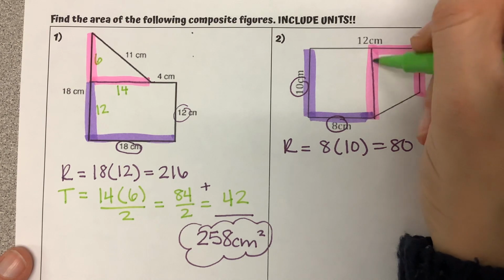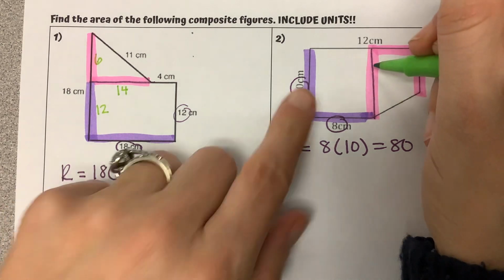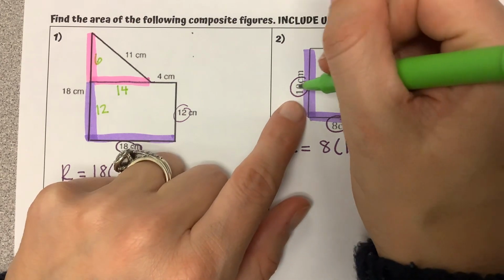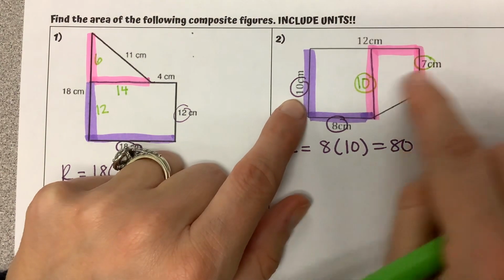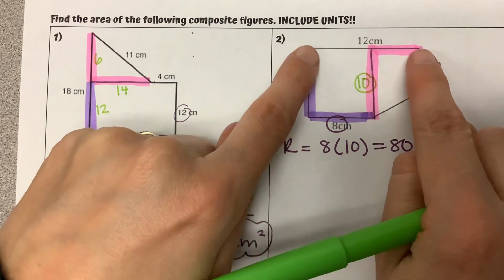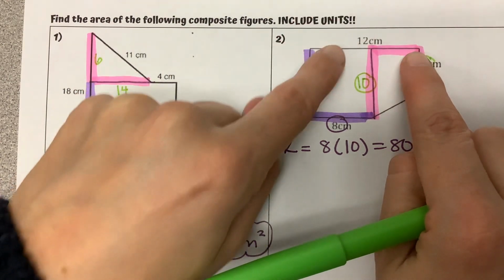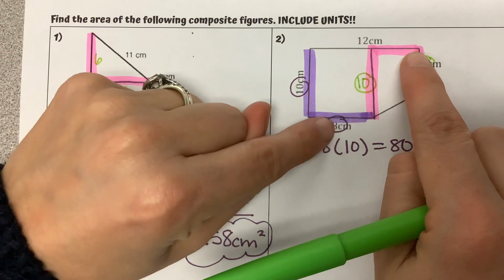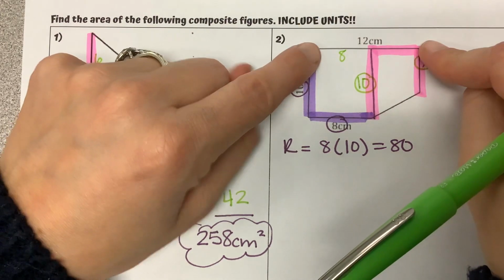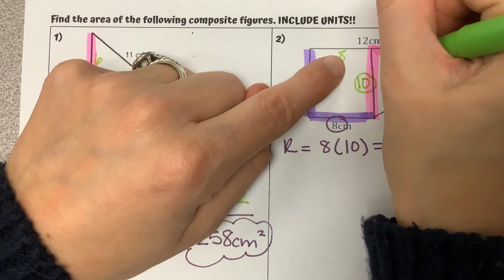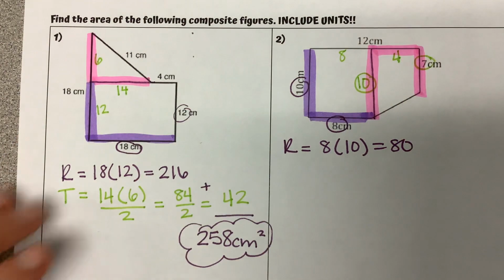On this side, it's not 7. It's the same as this rectangle, which if that side length is 10, this side length is 10. And then the height, 12 is talking about the entire length. So we need to take away this part. If the bottom is 8, that means this top is 8. So 12 minus 8 leaves us with 4 left over for that height.